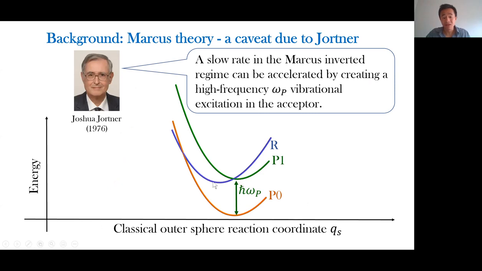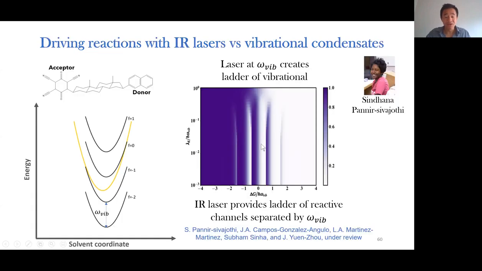You cannot create one de-excitation because you started in the ground state. But when you put in laser energy, you create a replica of parabolas, where one vibrational excitation can be lost or gained. So then you create a replica of different parabolas that can cross this reactant potential energy surface shown in yellow.